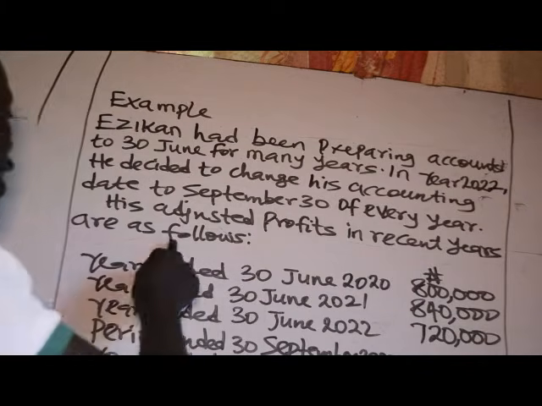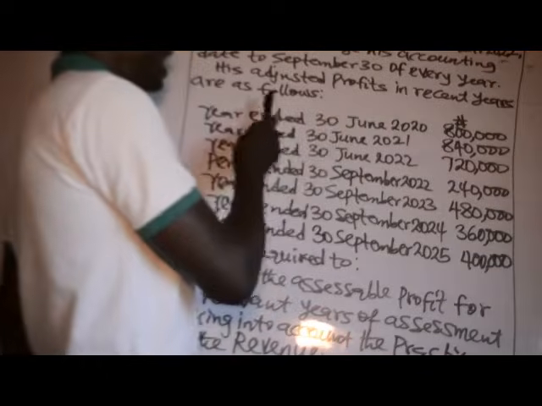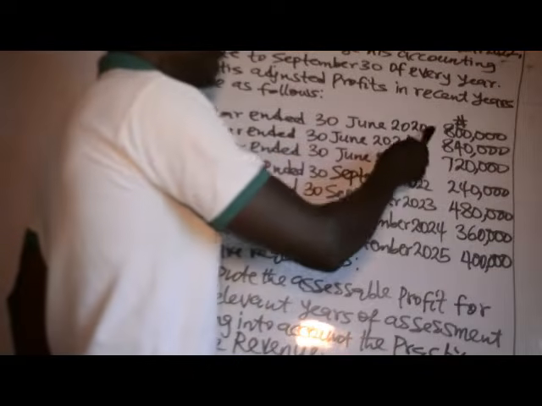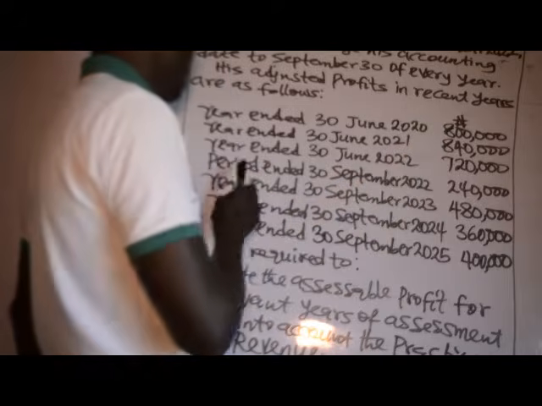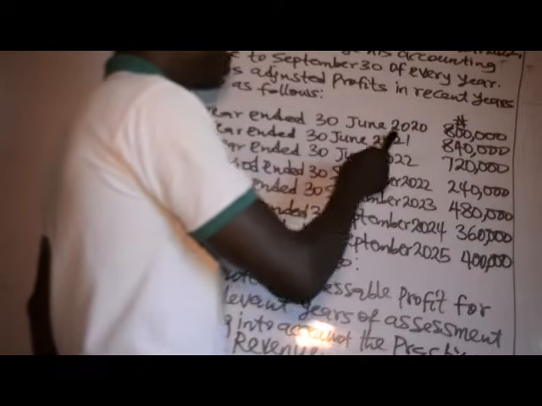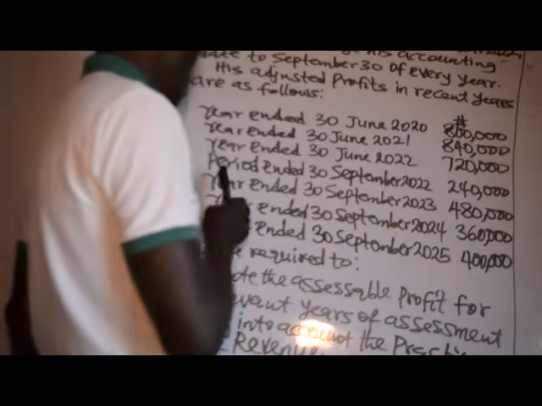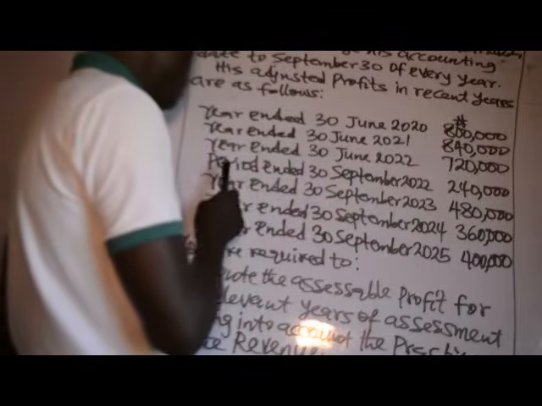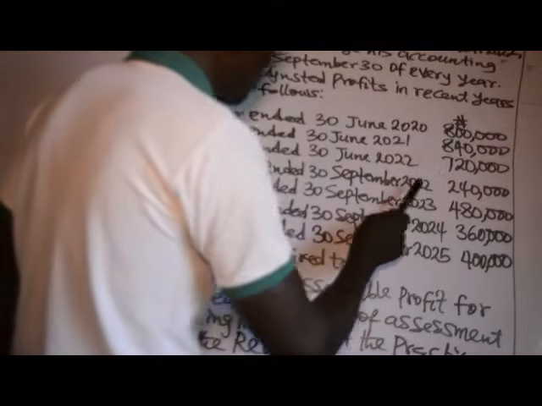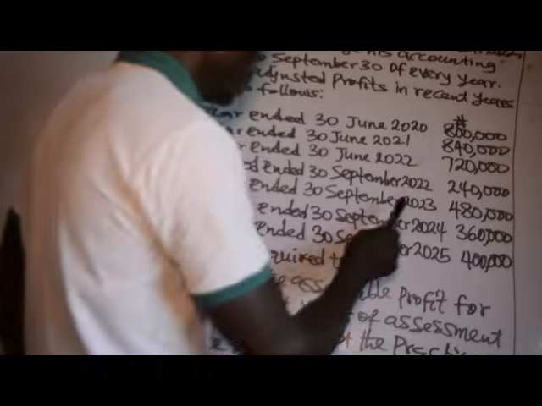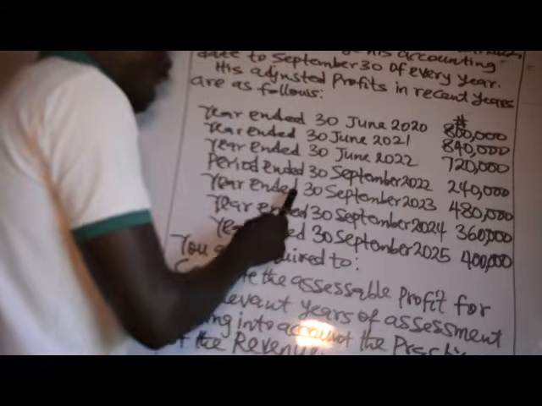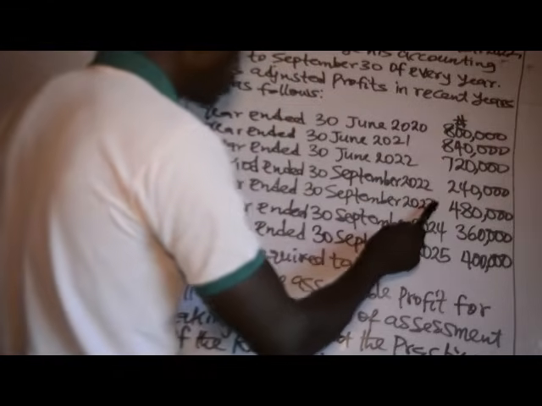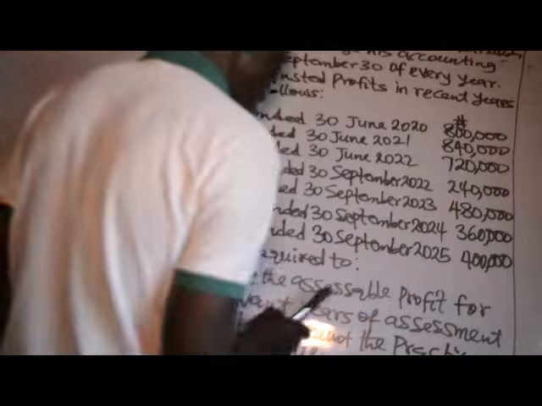His adjusted profits in recent years are as follows. Year ended 30th of June 2020, 800,000. Year ended 30th of June 2021, 840,000. Year ended 30th of June 2022, 720,000. Period ended 30th of September 2022, 240,000. Year ended 30th of September 2023, 480,000.